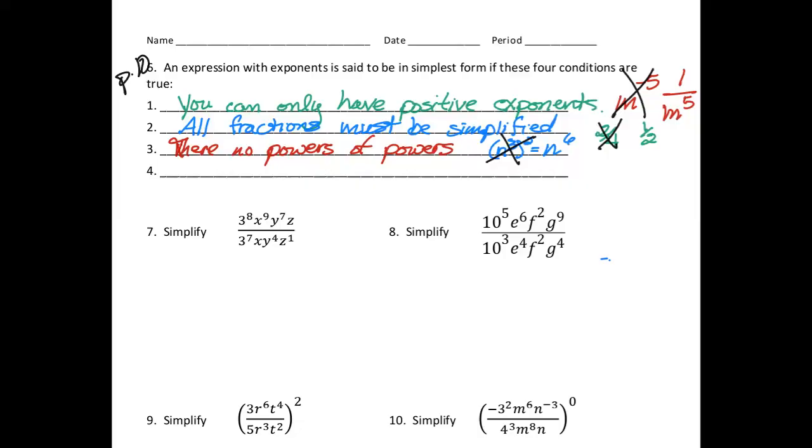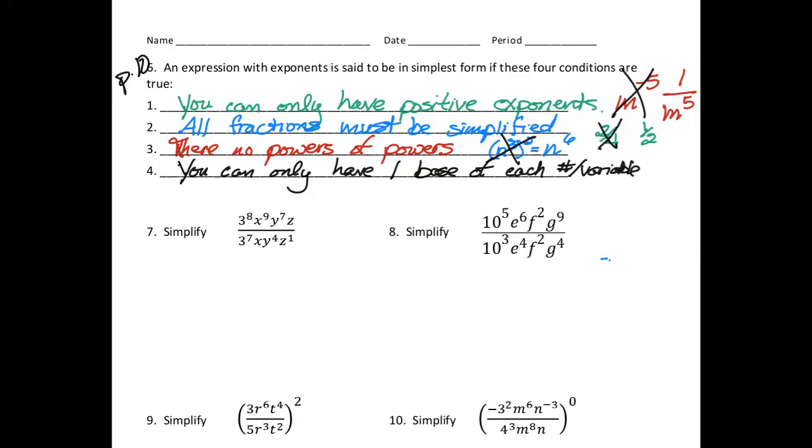And do I remember the 4th? Let's see. Fraction simplified, positive exponents, powers. Oh, one base. You can only have one base of each number or variable.